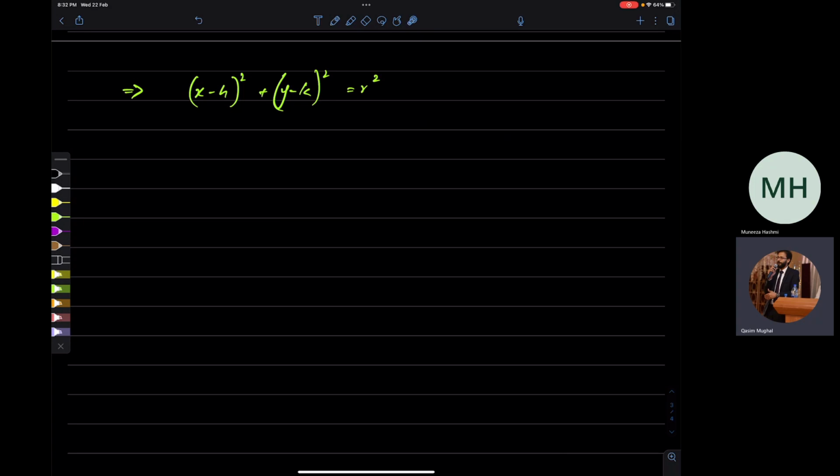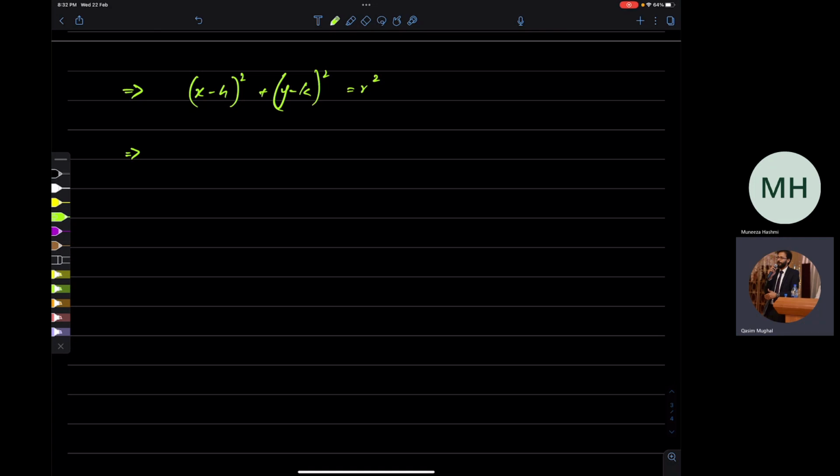So, by using algebra, I can expand this. Let's see how the expanded form looks. I'm not going to use h and k for the expanded form. I'm going to give you another standard format for the expanded form of the circle.